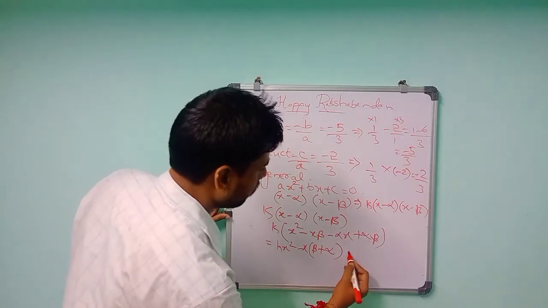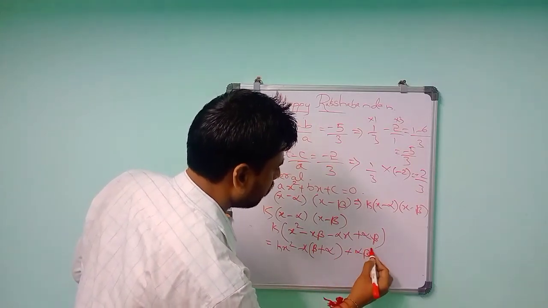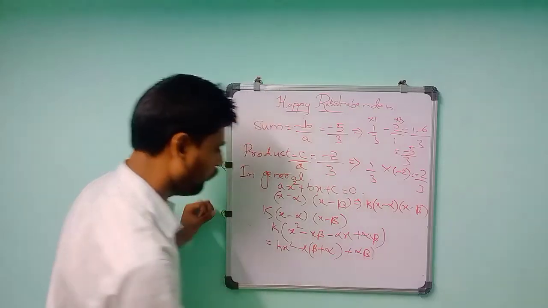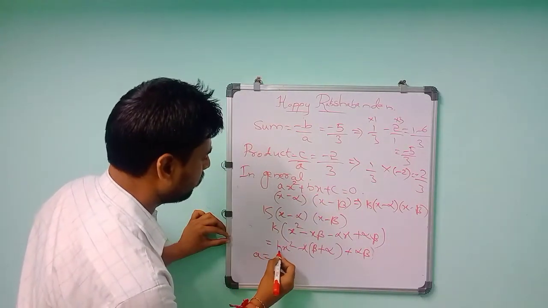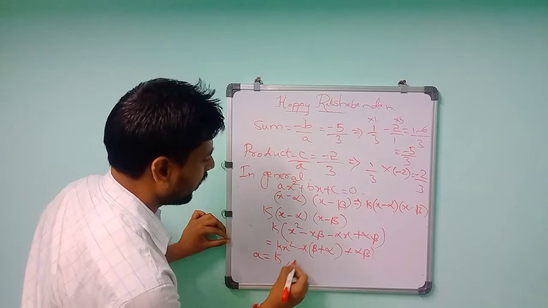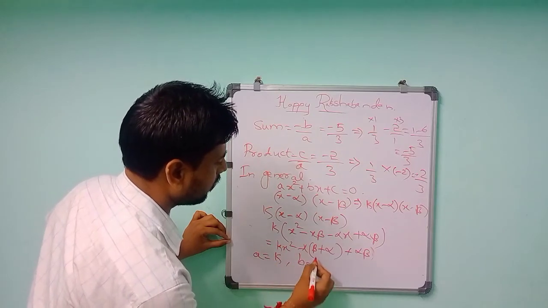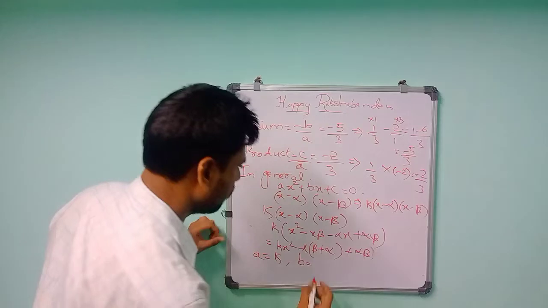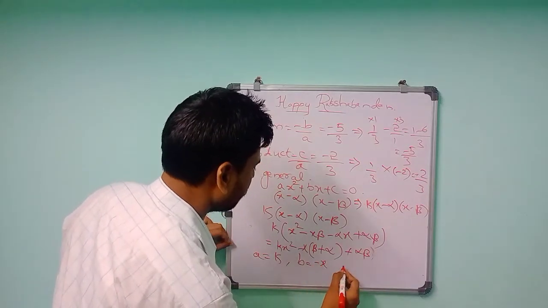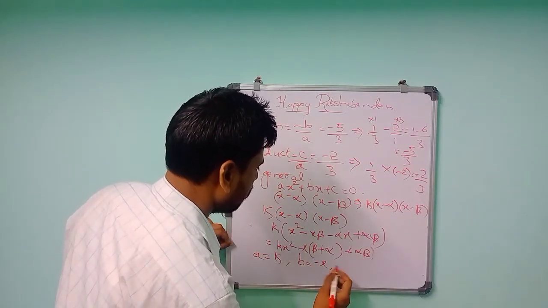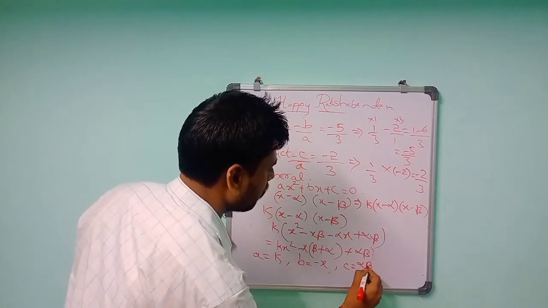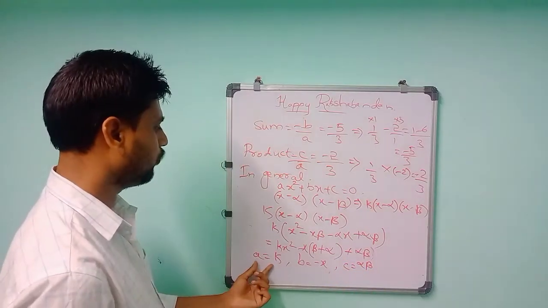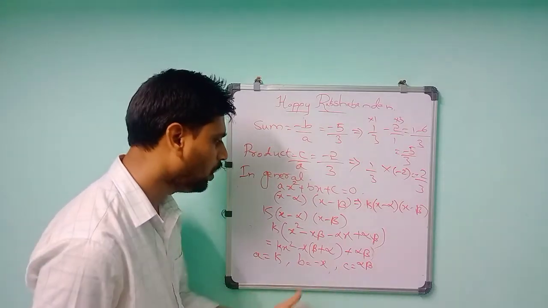So if we compare this in terms of a, b, c, in terms of a it is k, in terms of b it is minus, and c is alpha beta.